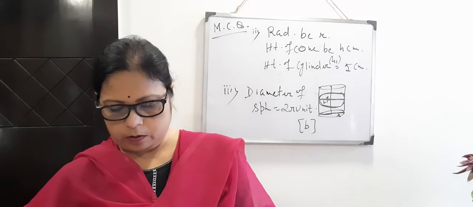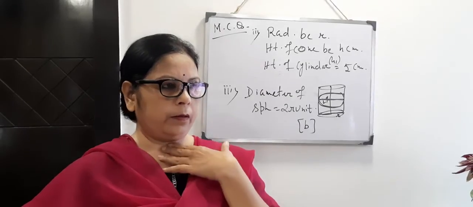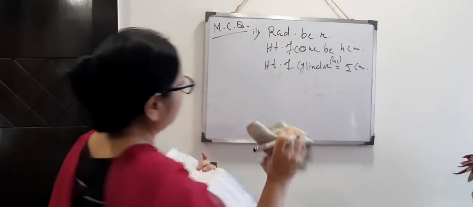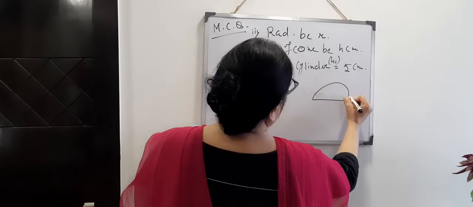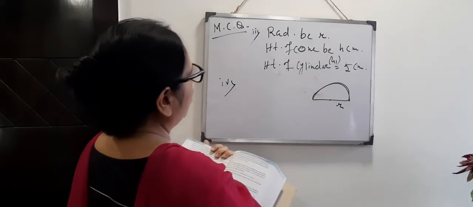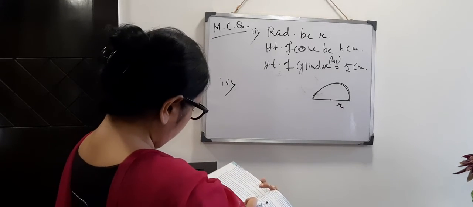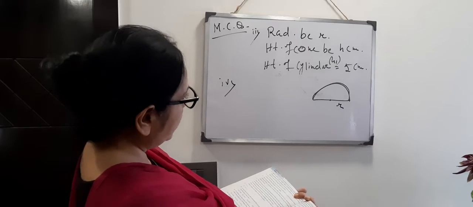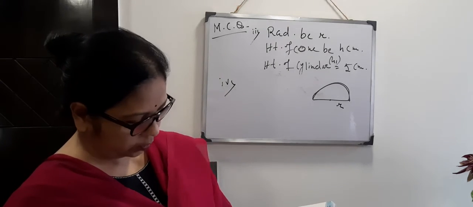Okay, solid hemisphere is there. And the volume of the largest solid that can be cut out from it will be, there are options given: 4 pi r cube, 3 pi r cube, pi r cube by 4 and pi r cube by 3.